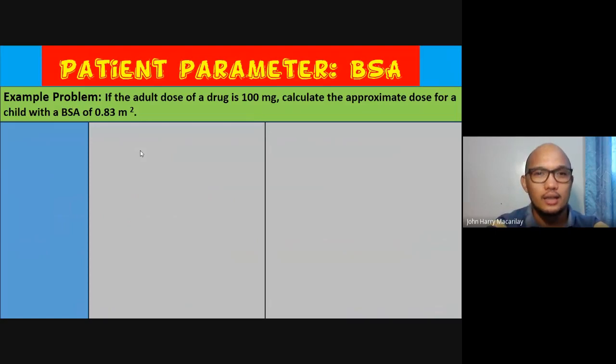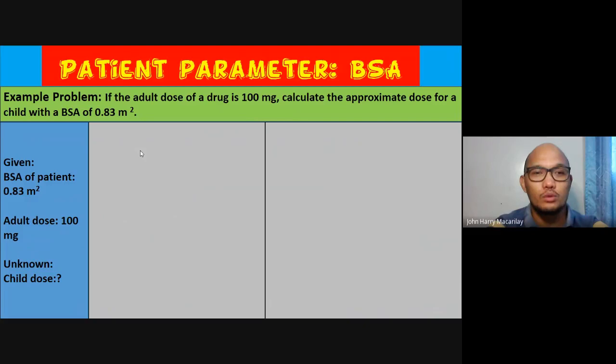Is it higher than 100 milligrams or lower? Again, we have to write the given and identify the unknown. The given here is the BSA of the patient, 0.83 meters squared, and the adult dose is 100 milligrams. The unknown is the adjusted dose for this particular child.